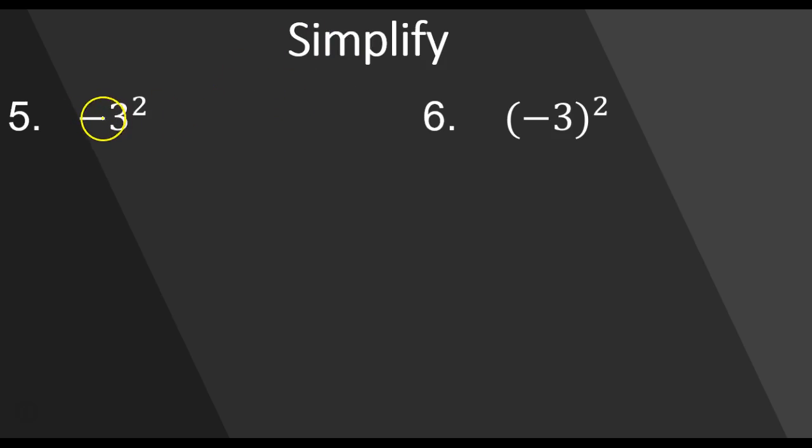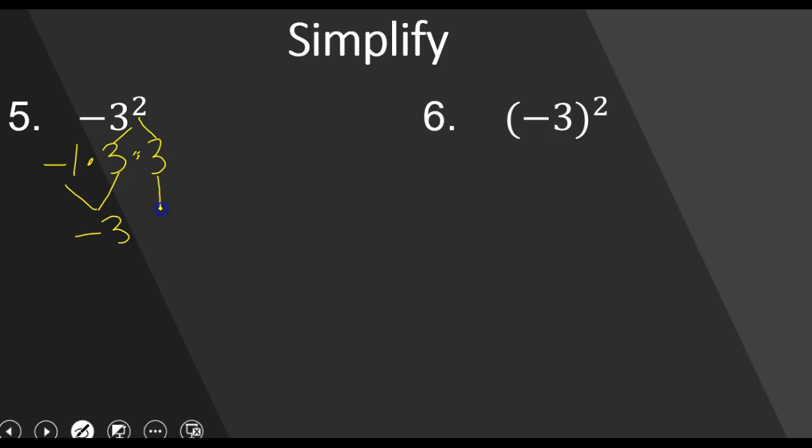Here, the negative is not in parentheses, not squared. Here, the negative is squared. So this expression is like -1 times 3 times 3. So 3 is the one that is multiplied twice. -1 is not. But then you do -1 times 3 is -3.